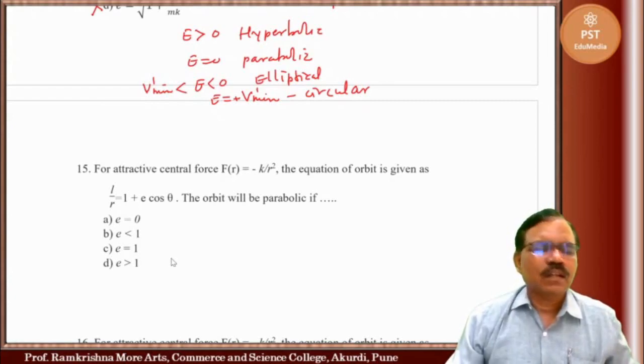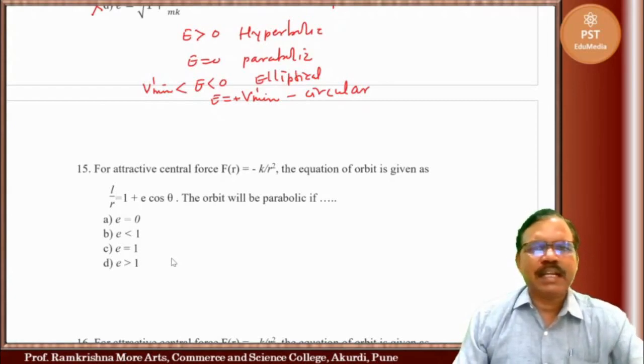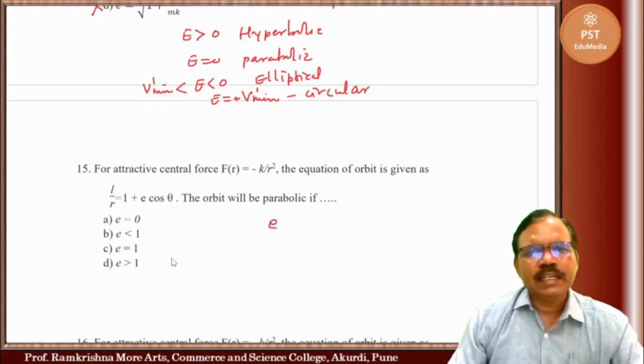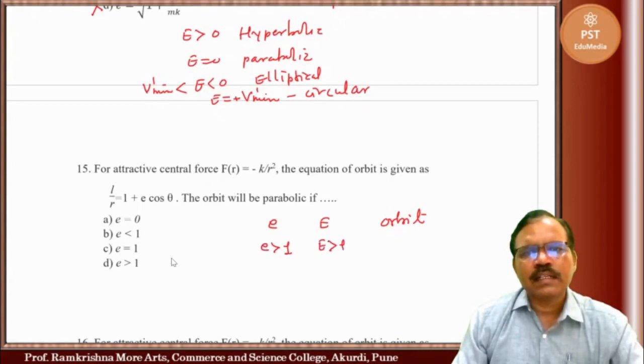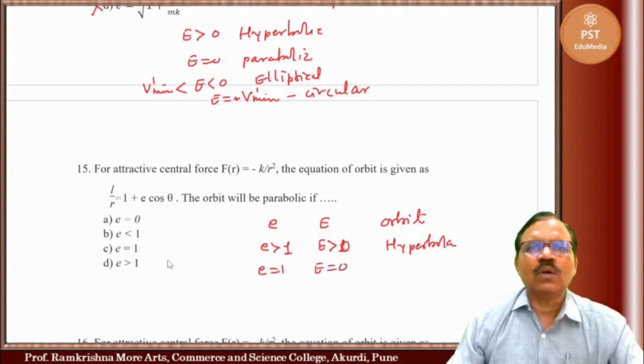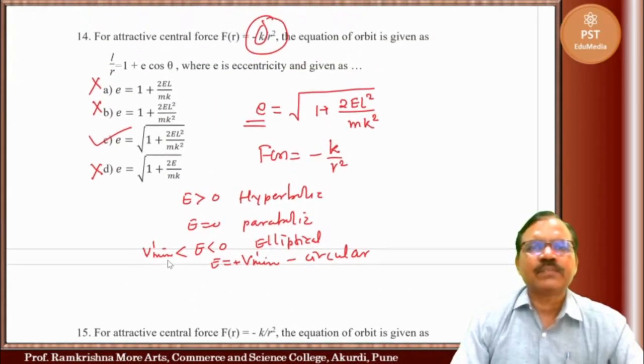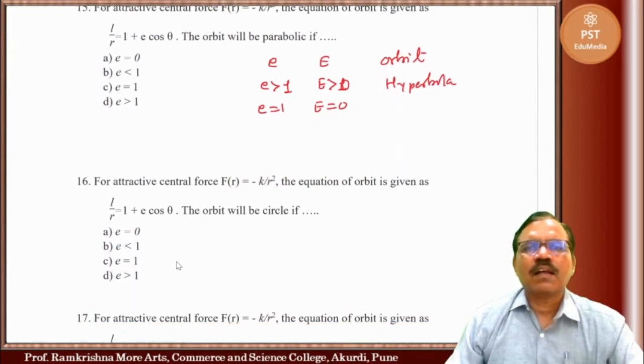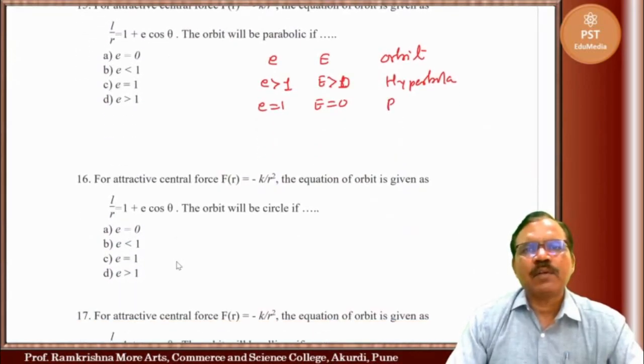So depending upon that, you will get the orbit. If we make a table of eccentricity, energy, and orbit: suppose e is greater than 1, energy is greater than 0, the orbit is a hyperbola. e is equal to 1 when energy is 0, just use it in this equation, you will get a parabola.